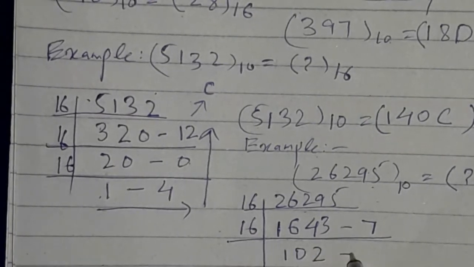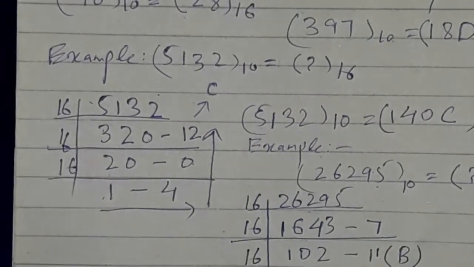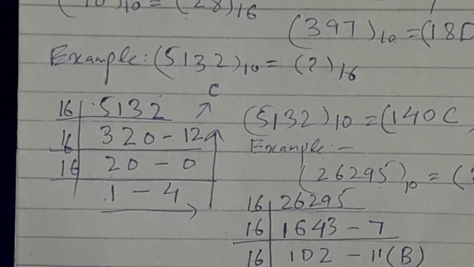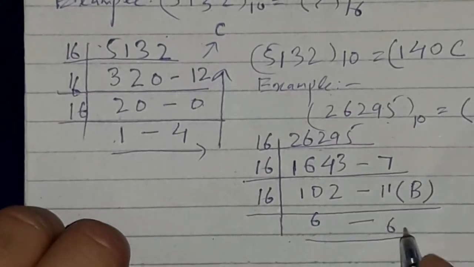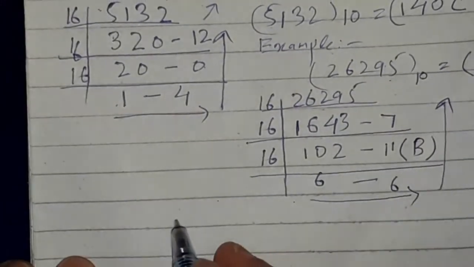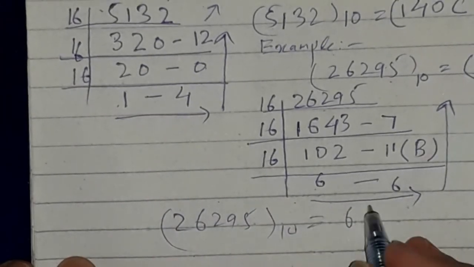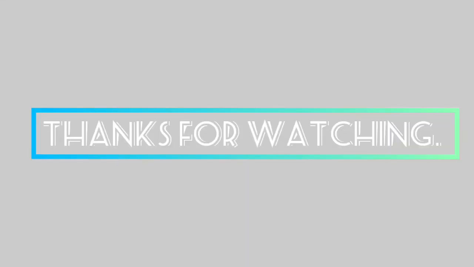Again by division 6 is left. So we will arrange these numbers and get the answer in hexadecimal number, 66B7. Remember this, whenever we have to convert a decimal number to any other number system, the division method is used.